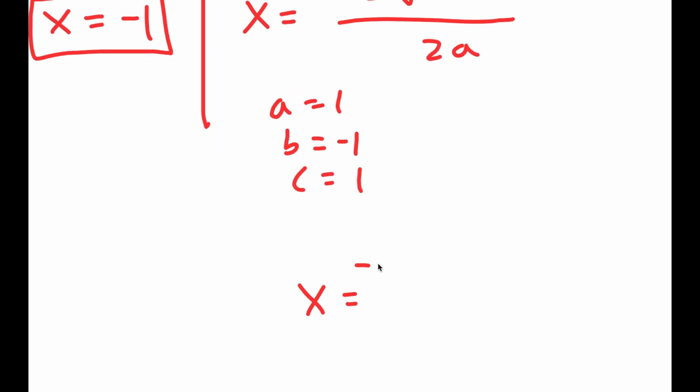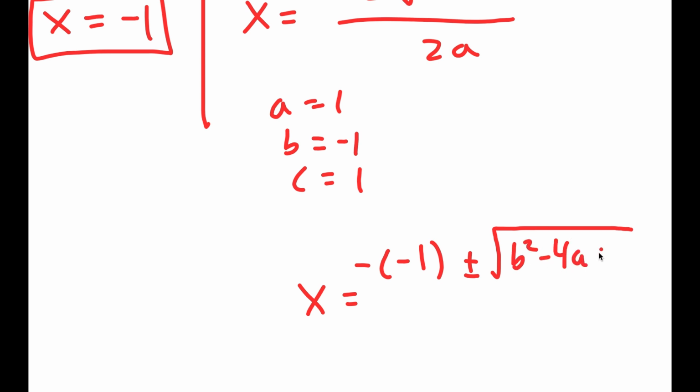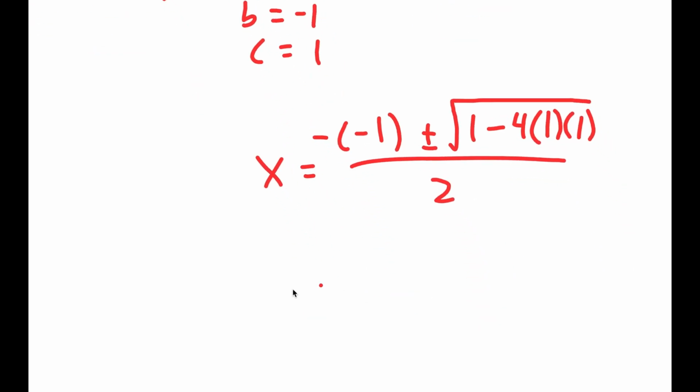So I get x is equal to negative of negative 1 plus or minus the square root of b squared minus 4ac all over 2a. And b squared, in this case, is negative 1 squared, which is 1, minus 4 times a, which is 1, times c, which is also 1, all over 2a. So 2 times 1, which is 2.